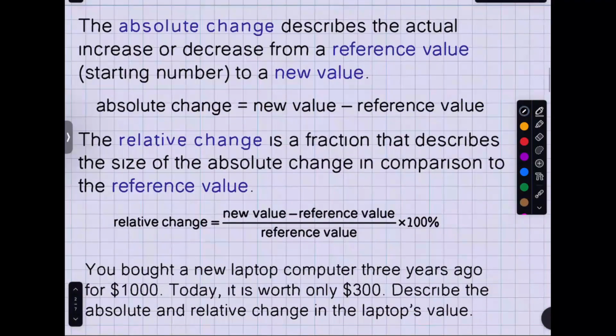So let's talk about absolute change and relative change. The actual increase or decrease from a reference value, which is a starting number, to a new value. So you have an equation right here.